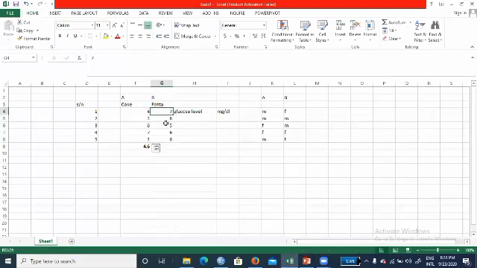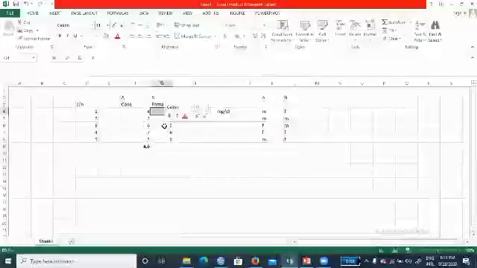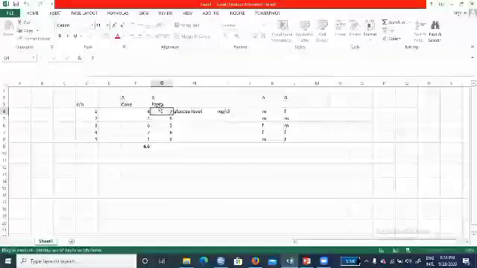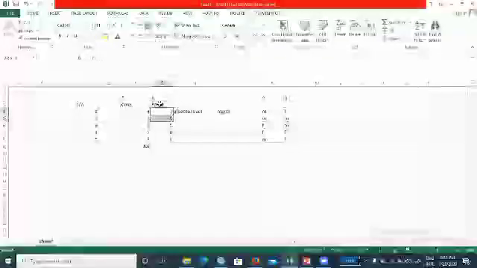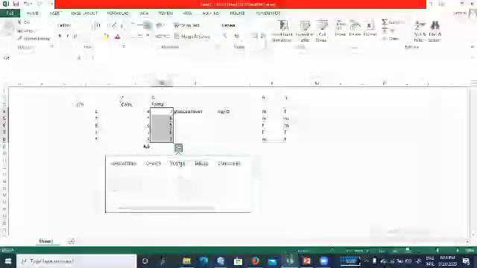For Group B, the other group, the average will be 6.4.